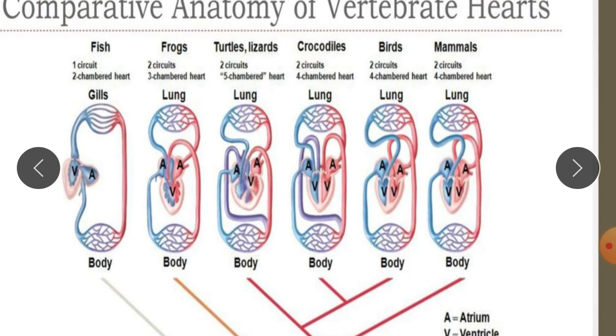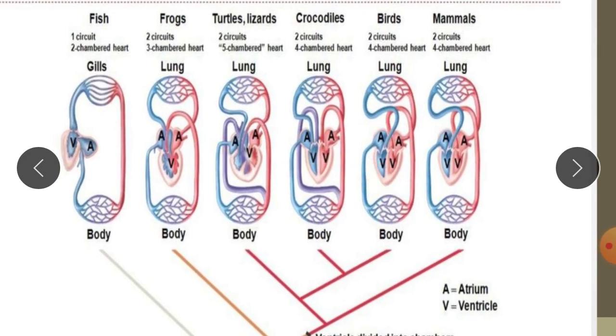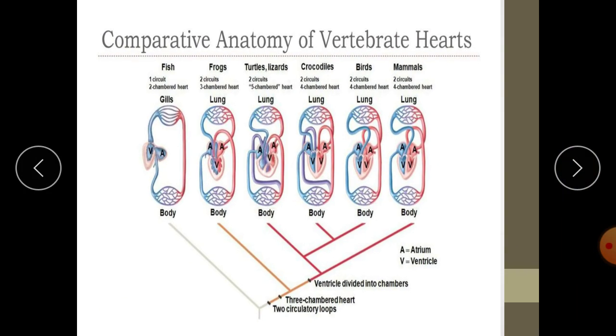And birds and mammals have completely four chambers. From the body to here, to the lung, then from the lungs to the left auricle, from the left auricle to the body. Complete two circulations. One is systemic, another is pulmonary.